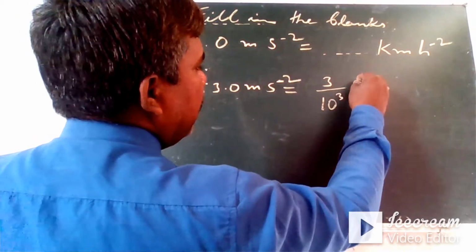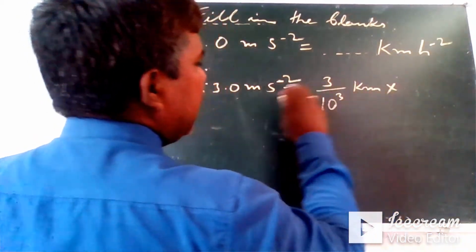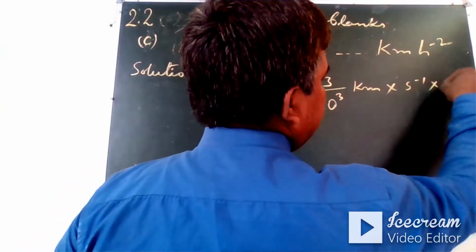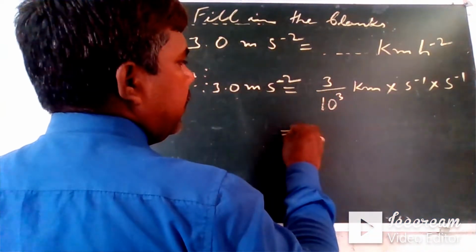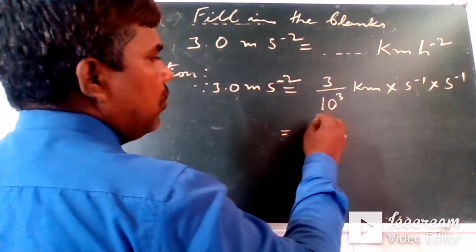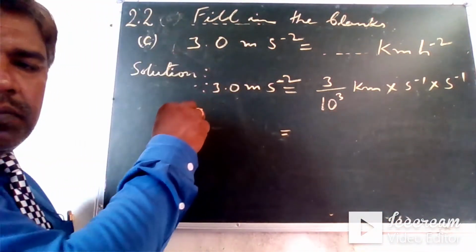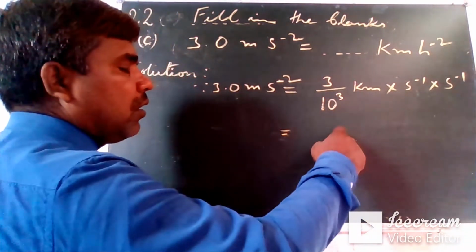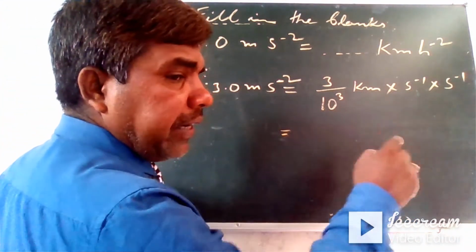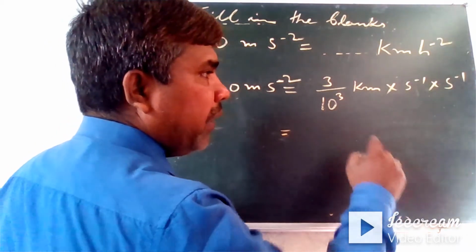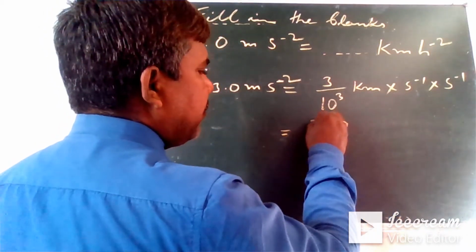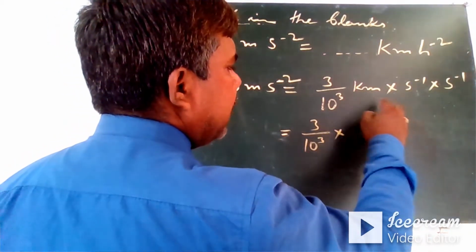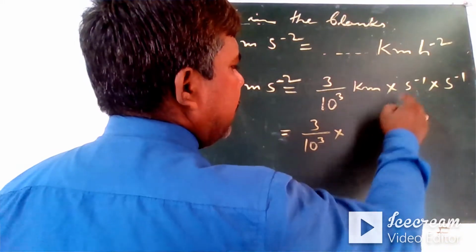Now it has become kilometer, and per second square means per second into per second. Okay, how are we going to solve this question? Very simple thing, only pay attention for a moment, you can understand. 3 by 10 cube, and kilometer is coming. This one per second. Per second means what?